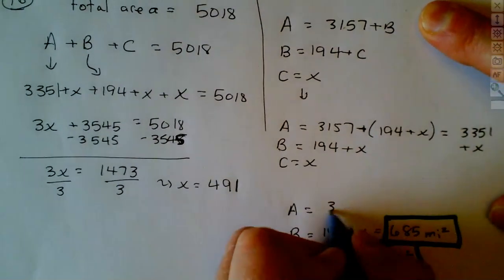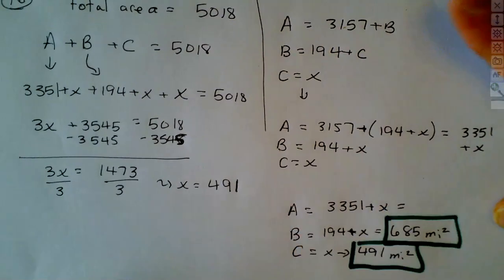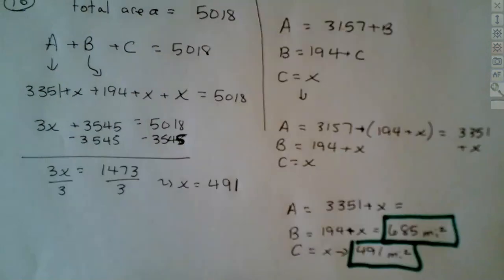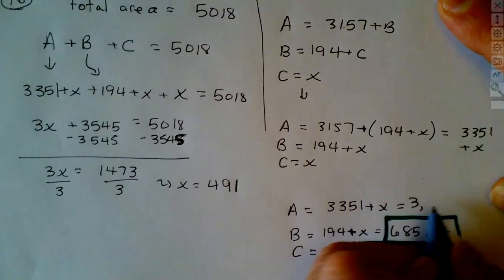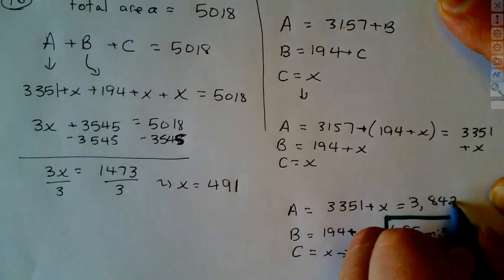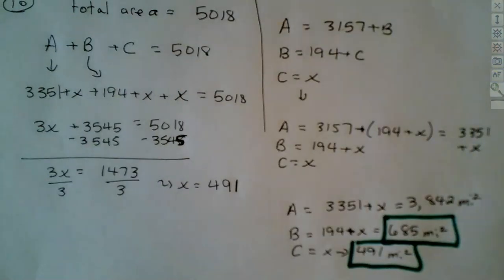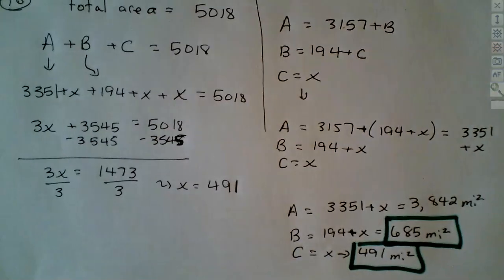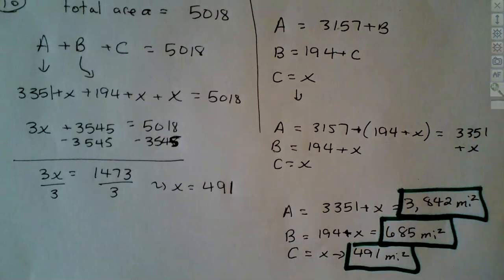And A is 3351 plus x, which is then 491 plus 3351. And that gives me 3,842 square miles. Okay, and that's what we wanted. That answers the question because that is all 3 islands. And we labeled them. Add them up, and we get that 5,018.